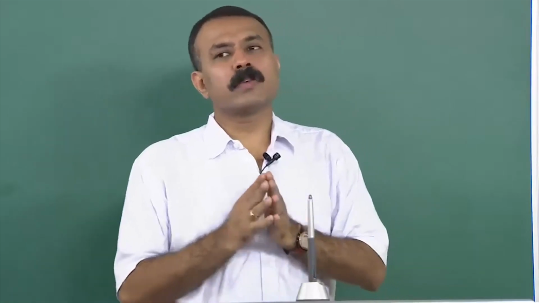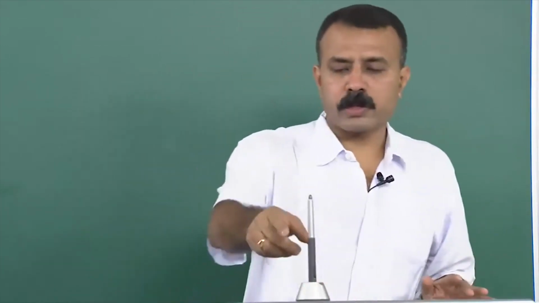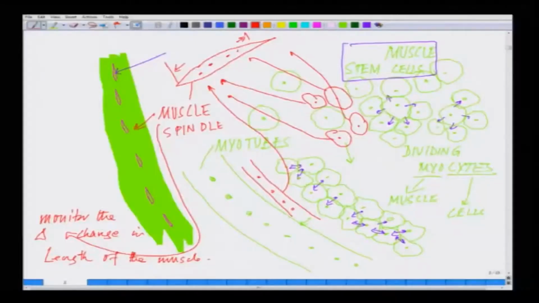But how exactly this development is going on is unclear, and of course there is another catch to this game. They say that the formation of the muscle spindle is also a function of the neuronal innervation. In the blue, what you see is the neuronal innervation I am drawing.